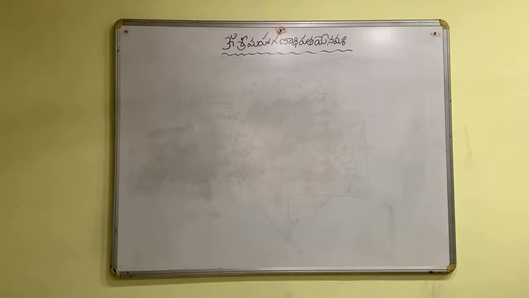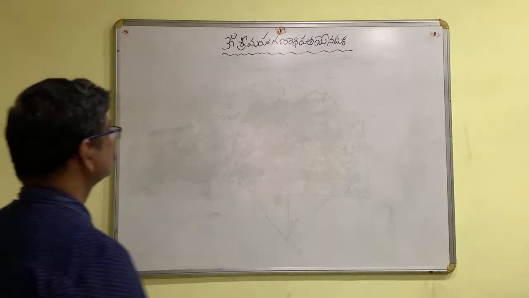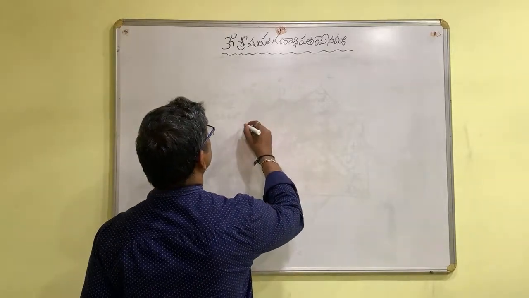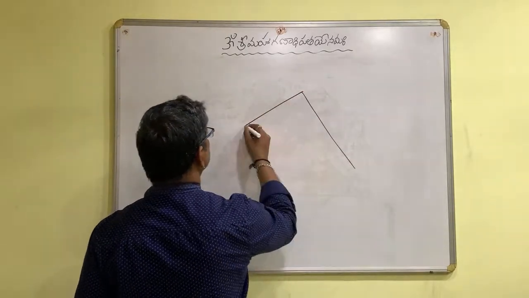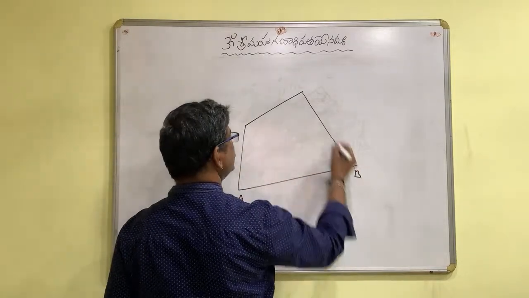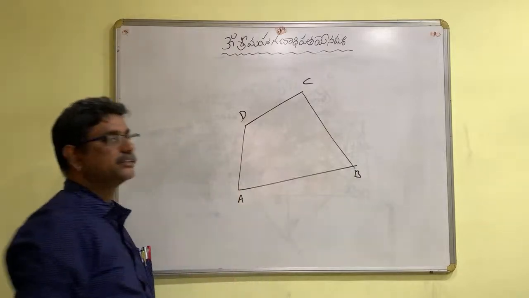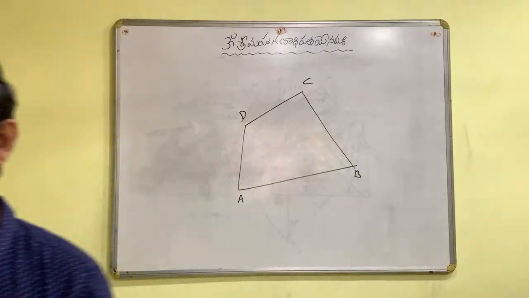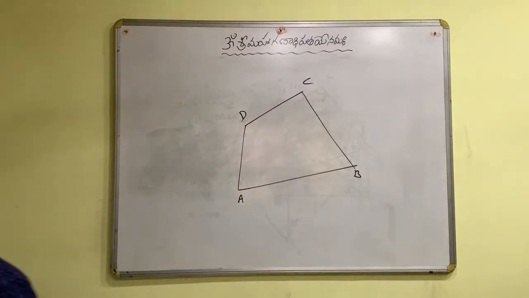Which is right? ABCD is a quadrilateral. It is neither a parallelogram nor a rectangle. It is simply a simple quadrilateral.